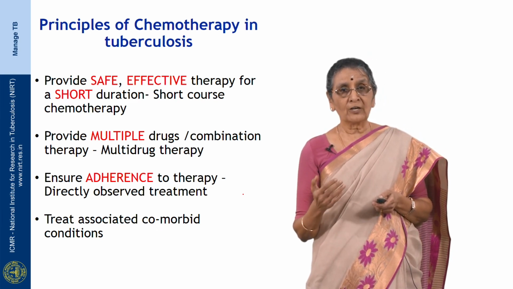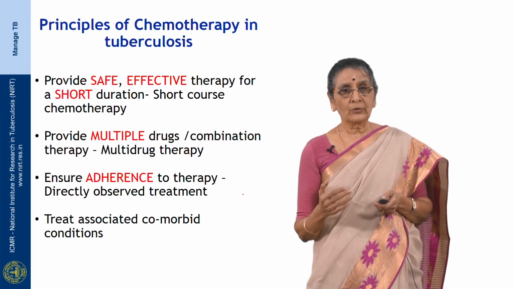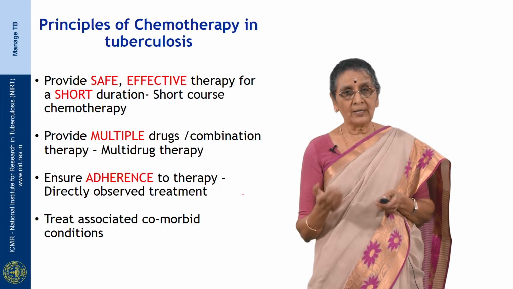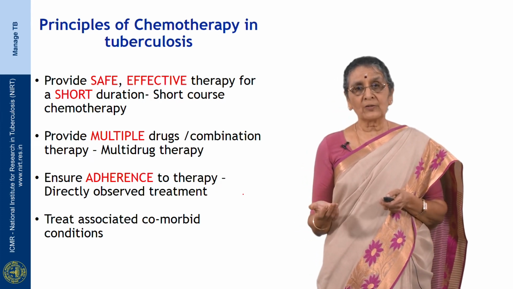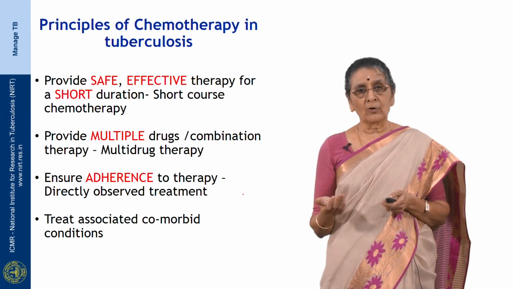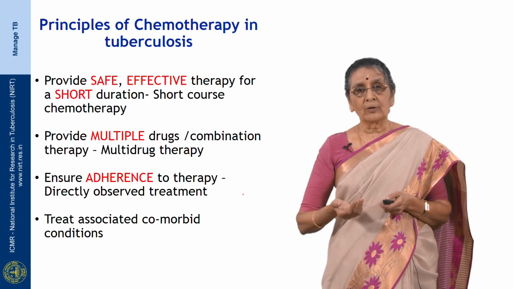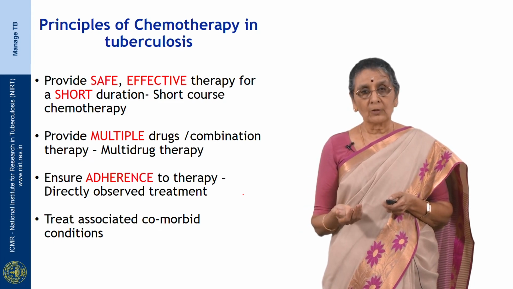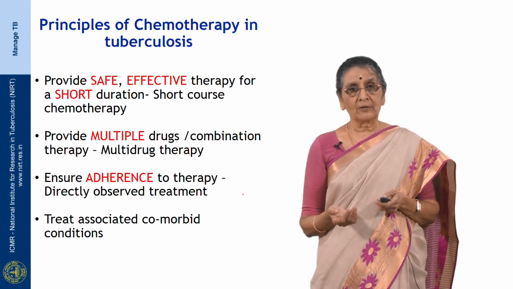Now, it is not only enough to give drugs, it is also important to ensure treatment regularity and adherence and help the patient to complete his treatment, and WHO recommends directly observed treatment or DOTS in this regard. A community provider or somebody from the patient's house or a health worker helps the patient in completing the treatment.